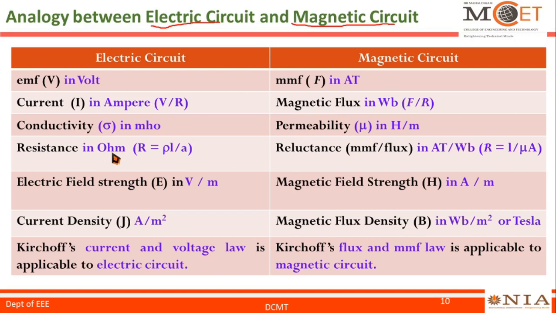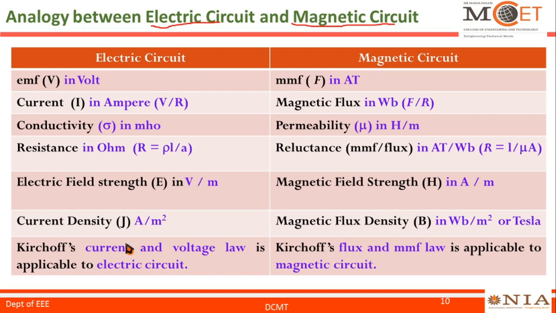Resistance in ohm in electric circuits corresponds to reluctance in ampere turns per Weber in magnetic circuit. Electric field strength in volt per meter corresponds to magnetic field strength in ampere per meter. Current density J in ampere per meter square in electric circuit corresponds to magnetic flux density B in Weber per meter square or Tesla in magnetic circuit.